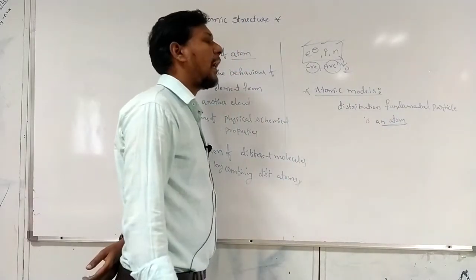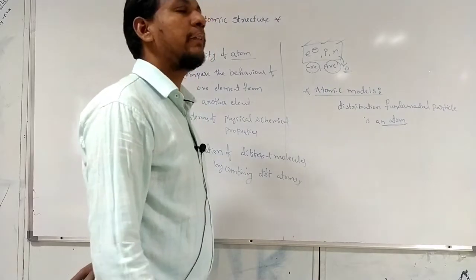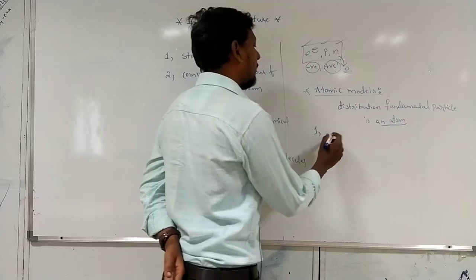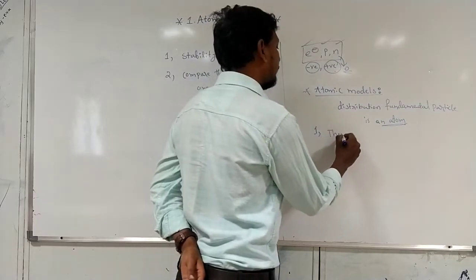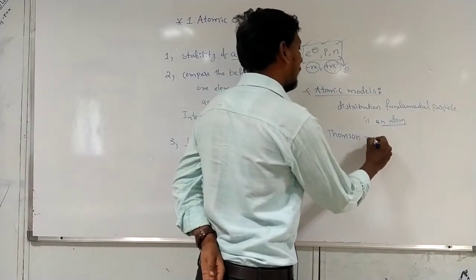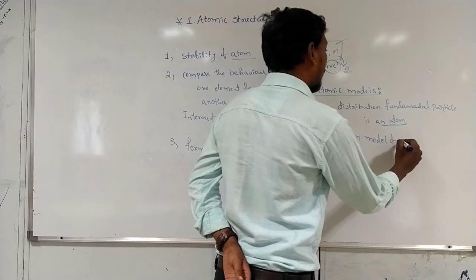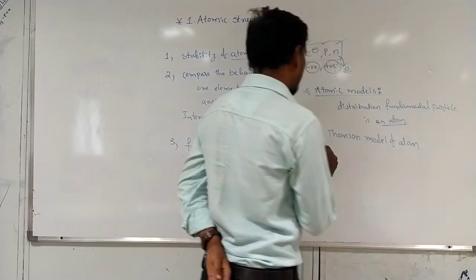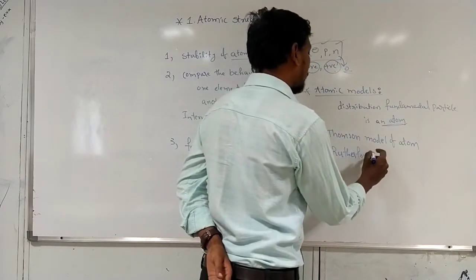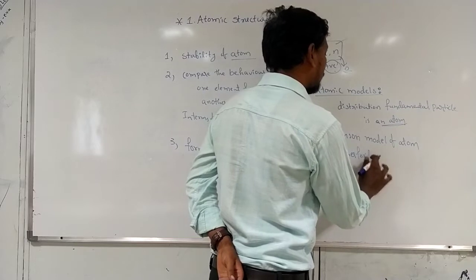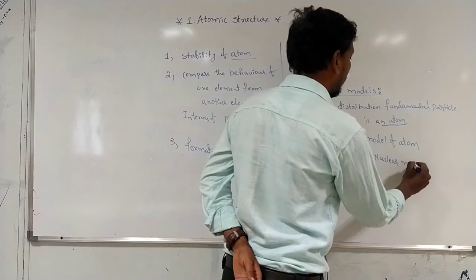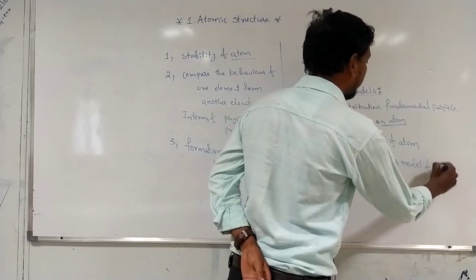Here different atomic models were proposed by different scientists. Here I am taking the first atomic model, Thomson model of an atom. Second one, Rutherford nuclear model of atom.